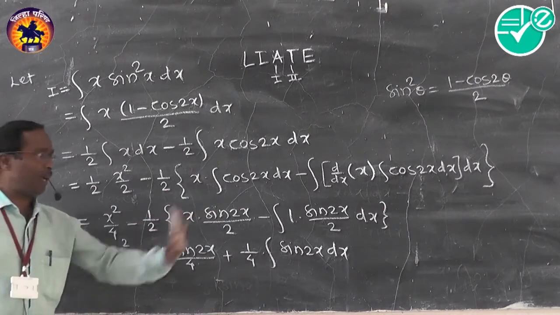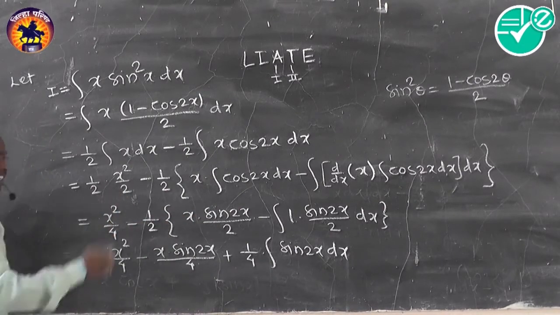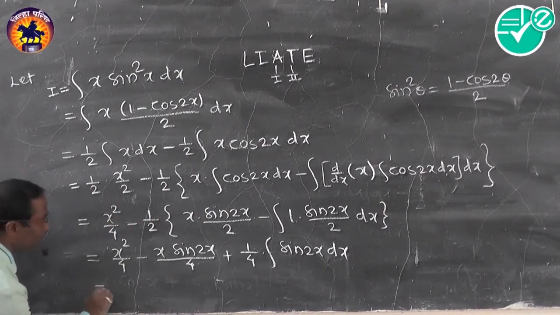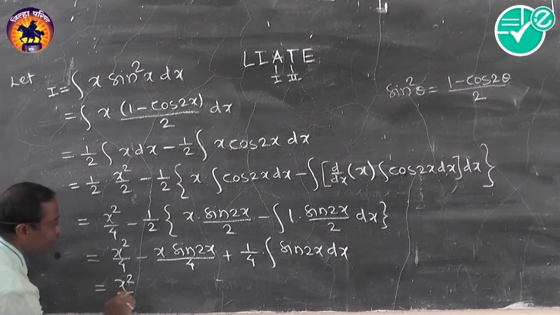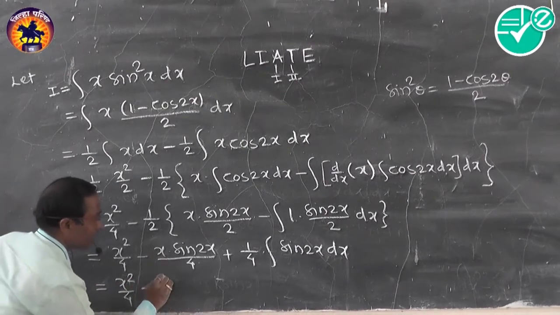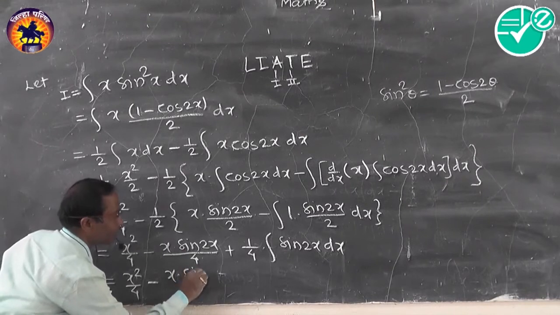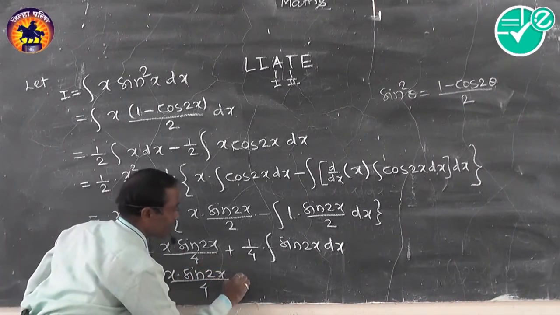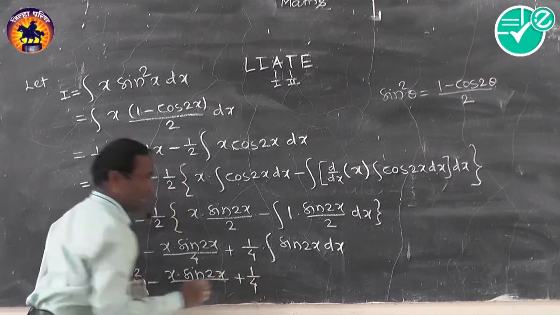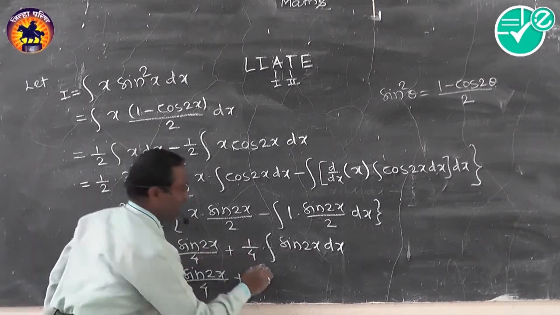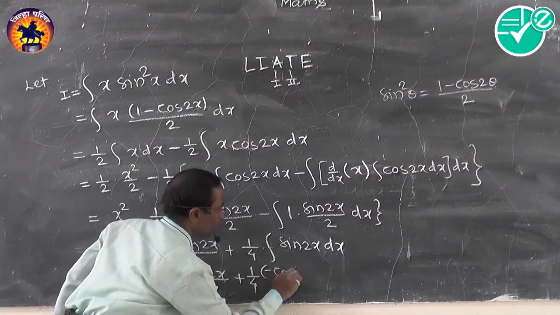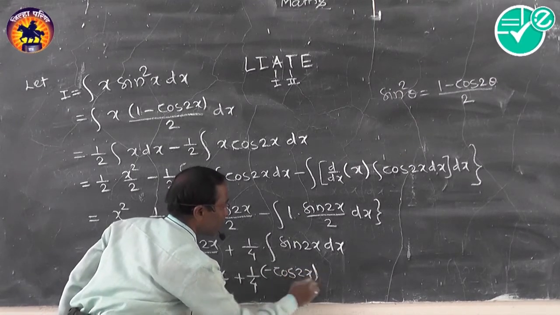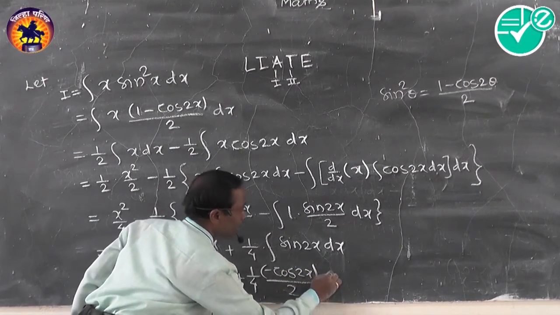Multiply by minus 1 by 2 this bracket. Now find the integration. We get x square by 4 minus x into sin 2x divide by 4 plus 1 by 4 into integral of sin 2x is minus cos 2x upon 2 plus c.